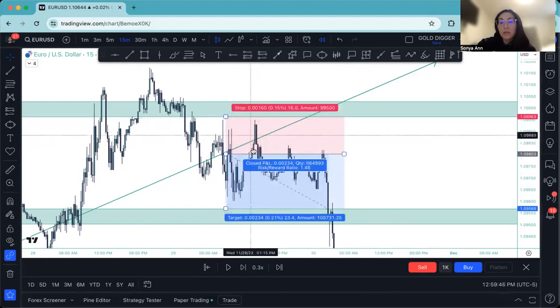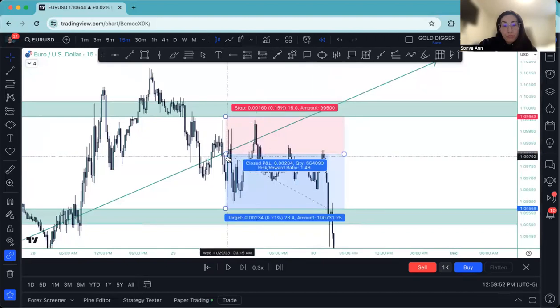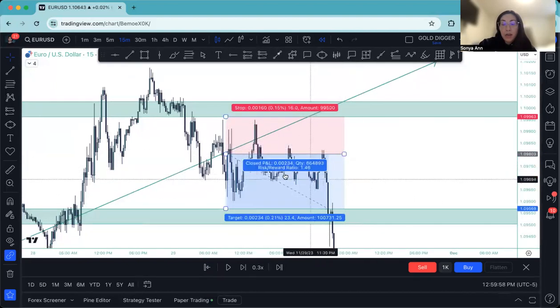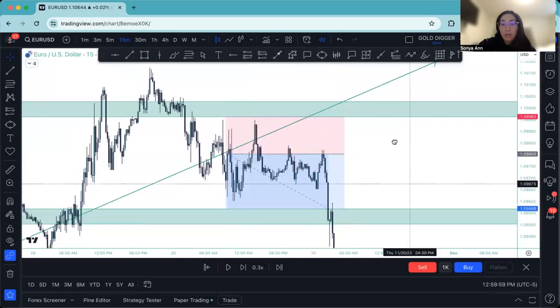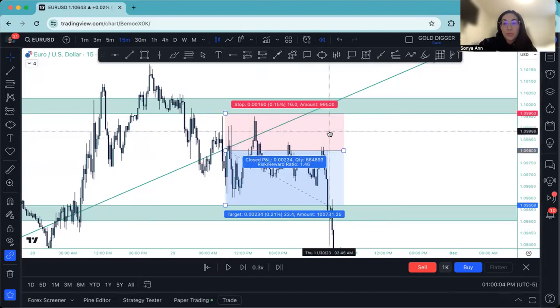And you would have been in some chop for a little bit because you see how it almost hit your stop loss. So you would have probably been freaking out like, oh, what is it doing? Did I make the right move? But just trust your analysis. If you lose, that's a 16 pip stop loss, so it's pretty good.